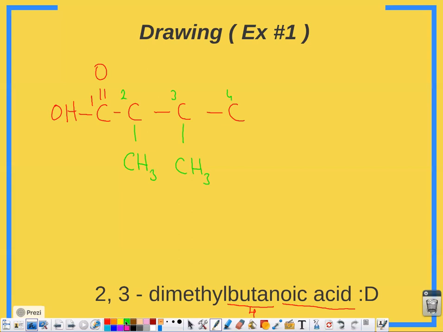Remember, each carbon atom forms 4 covalent bonds. Here, the last one we need 3 hydrogens. Here 1 more hydrogen, 1 more hydrogen. And what is the name of this compound? 2,3-dimethylbutanoic acid.